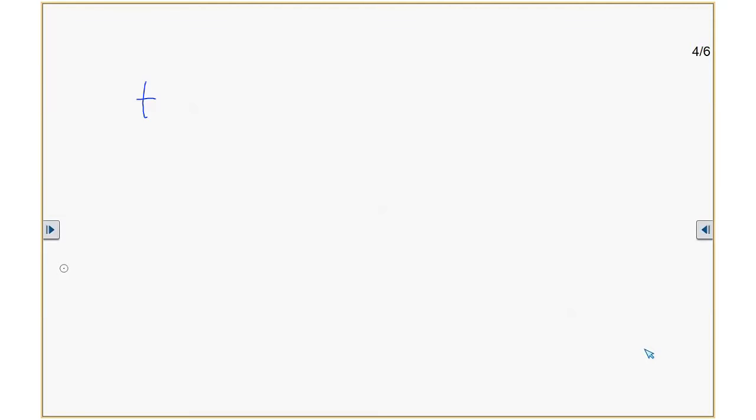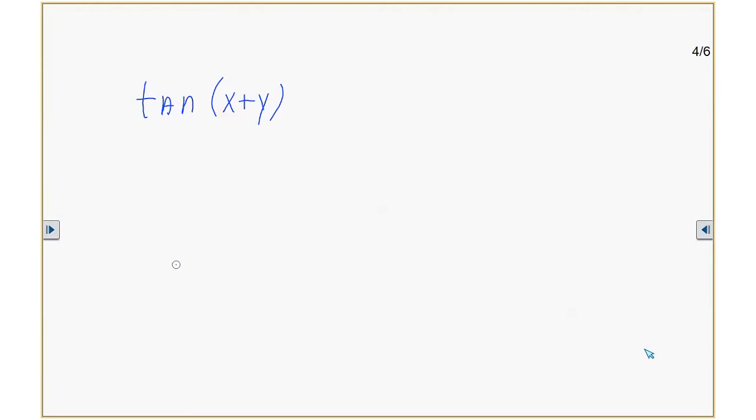Now, I'm going to write one on the board here. Tan of x plus y. Now, what have I told you? Whenever you talk about tangent, I want you to rewrite that in terms of the sine and the cosine.